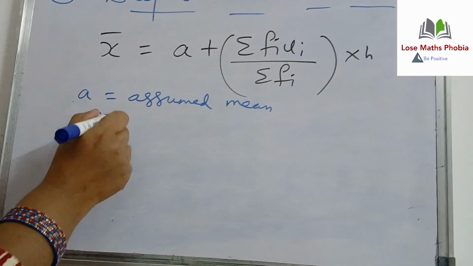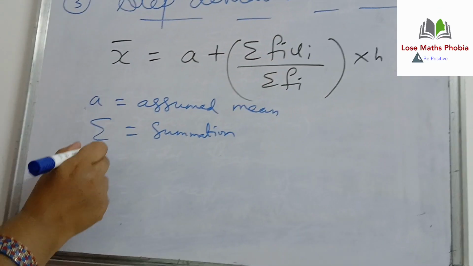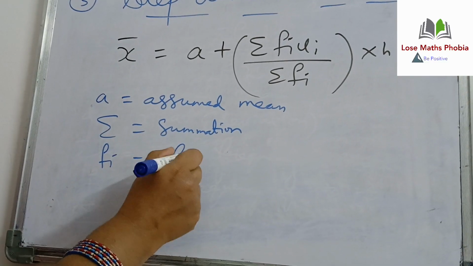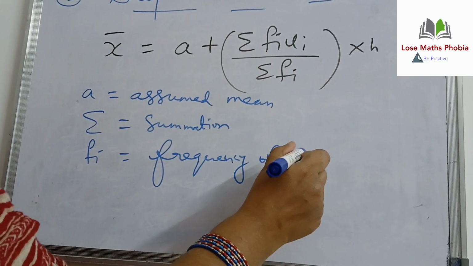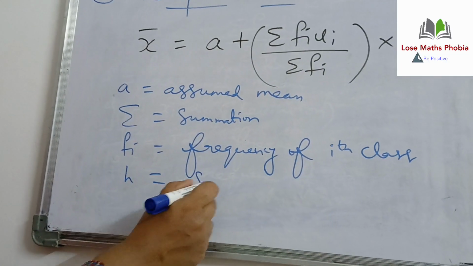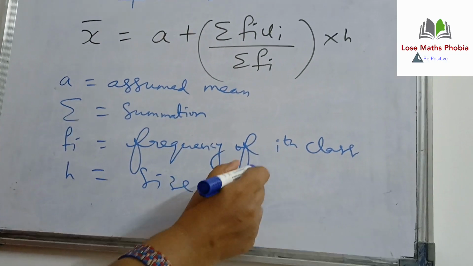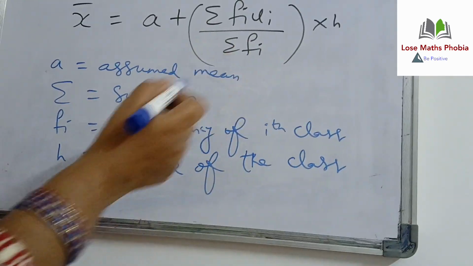And this symbol is summation. And Fi is as usual the frequency of the ith class. And h is the size of the class, whatever class interval we take, the size of that class.